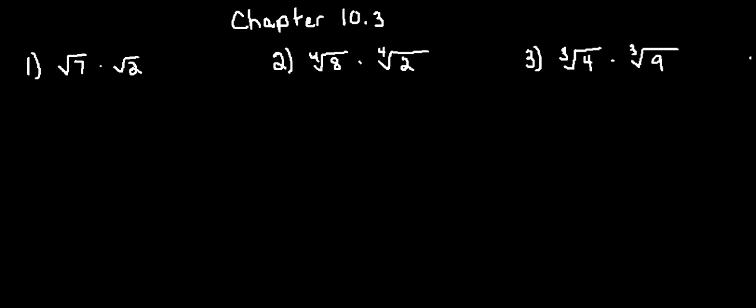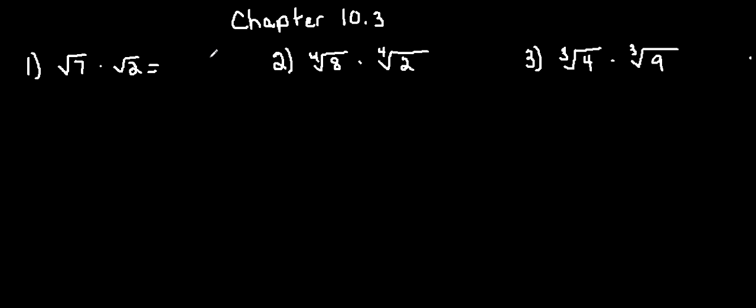Alright, so here we're saying with number 1, the title of this is multiplying these rational exponents. So when we multiply them, we can take note that we can multiply these together provided that the index numbers are the same. And if these indexes are the same, then we can just multiply the integers of 7 times 2.